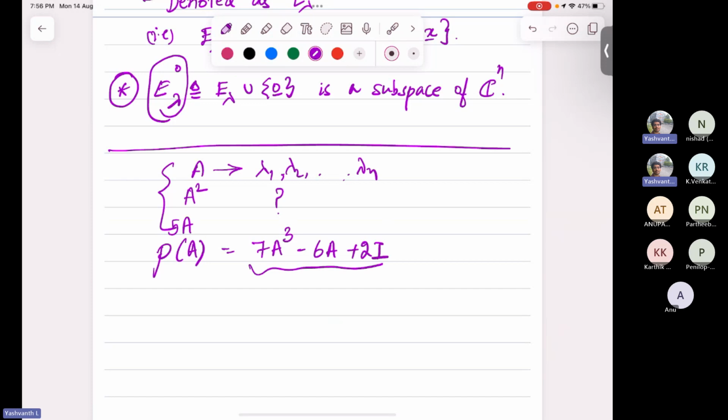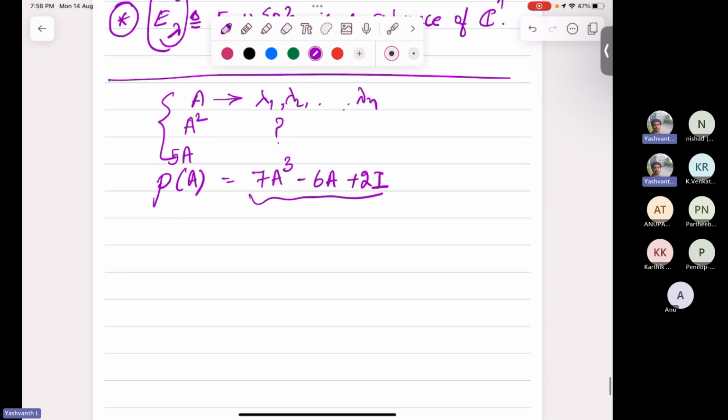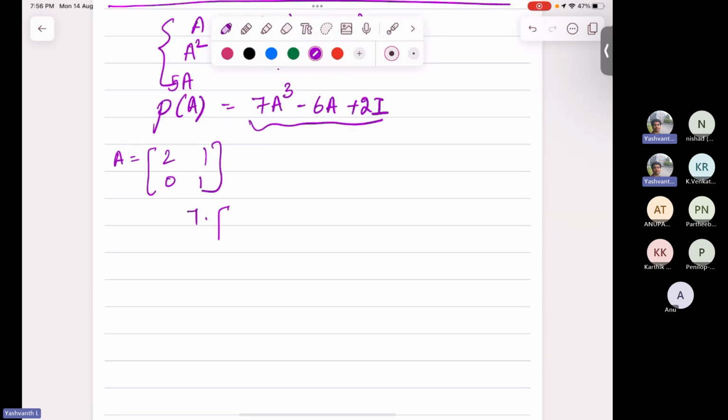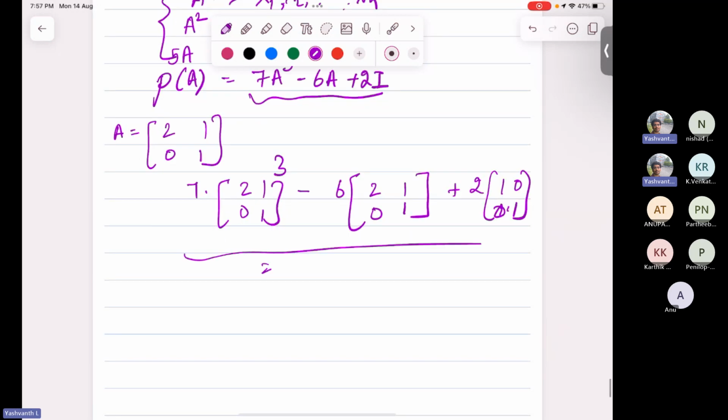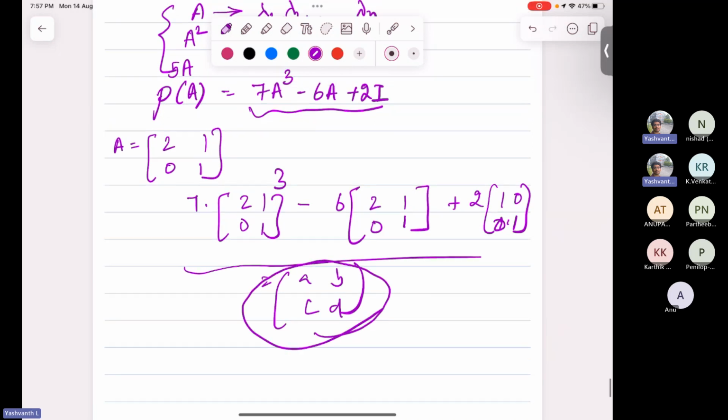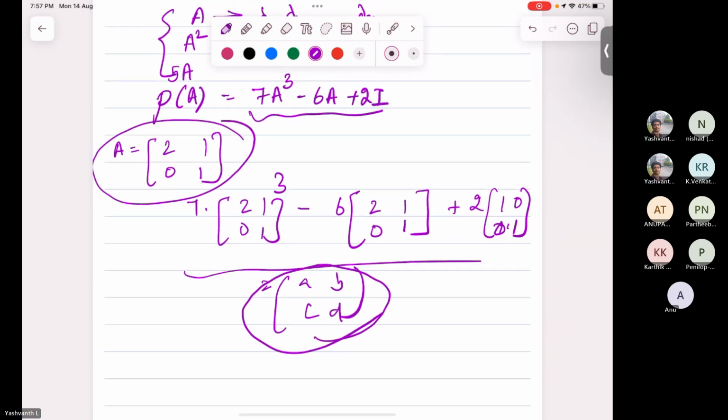If I define a matrix polynomial like this, take A equal to [2, 0; 1, 1]. Then you compute 7 times A cube, minus 6 times A, plus 2 times the identity [1, 0; 0, 1]. This will give rise to some matrix, let's say [A, B; C, D]. How are the eigenvalues of this matrix related to the eigenvalues of A?